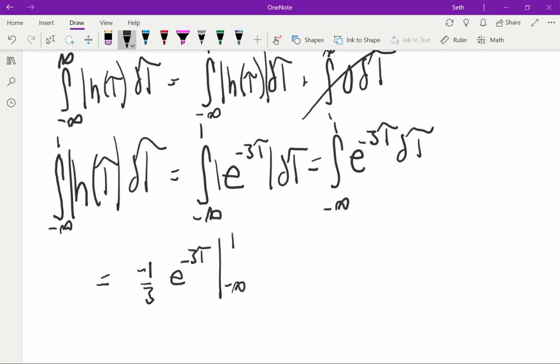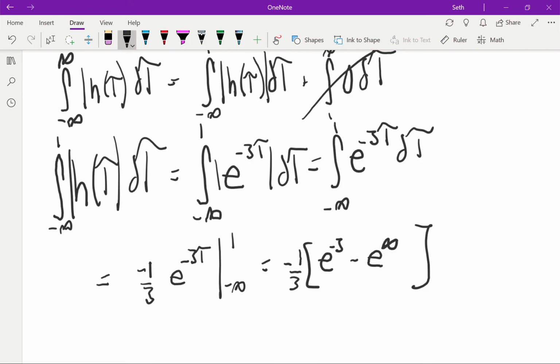So this is equal to minus 1/3 times e to the minus 3 minus e to the minus infinity, and e to the minus minus infinity is just e to the infinity, because the negatives cancel.